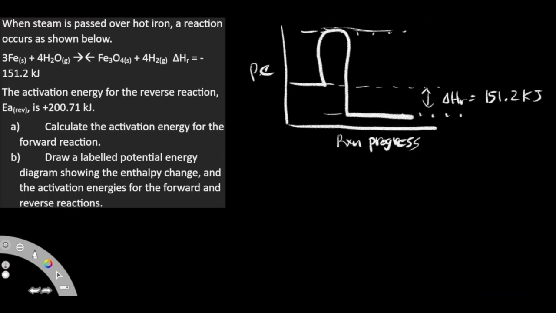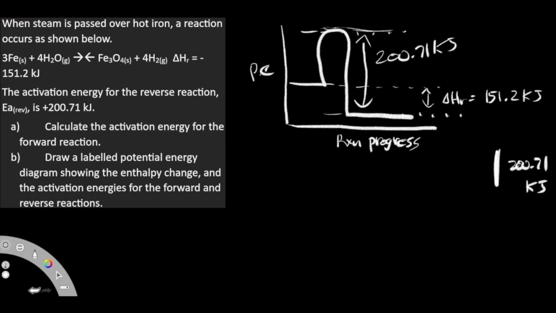So if our product is over here and we have to find the activated complex all the way up there, this whole vertical line is going to be 200.71 kilojoules. I'm just going to draw it here on the side.